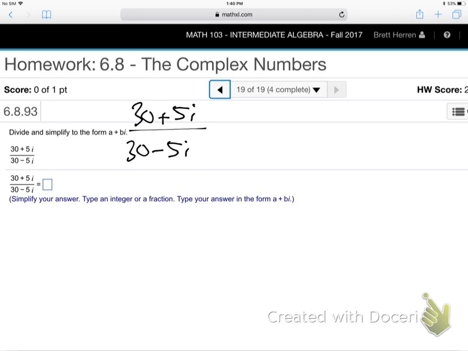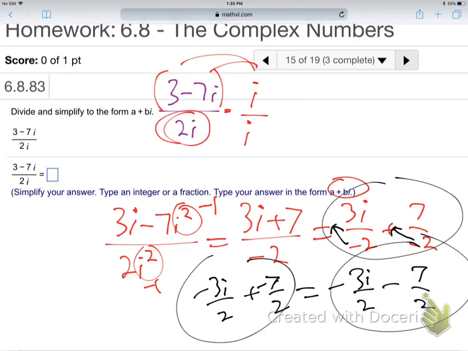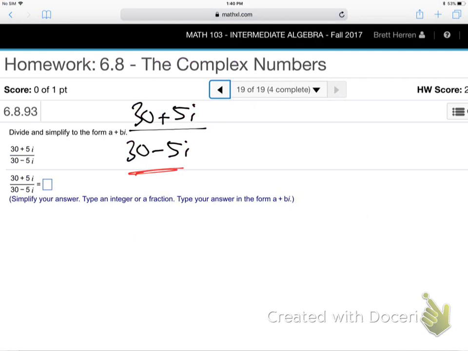Everybody see the difference? Last time, see how the 2 and the i were not glued, so I only used the i. When there's no plus or minus, no glue, you don't have to use the whole thing. Just do the i. But on this one, there's glue. These guys are all stuck together. You're shopping at Costco. You have to buy the whole package, not just part of it.